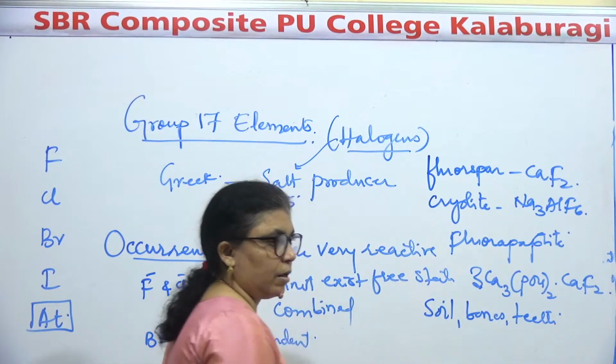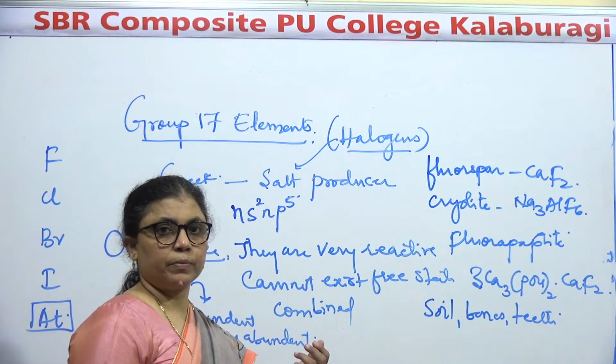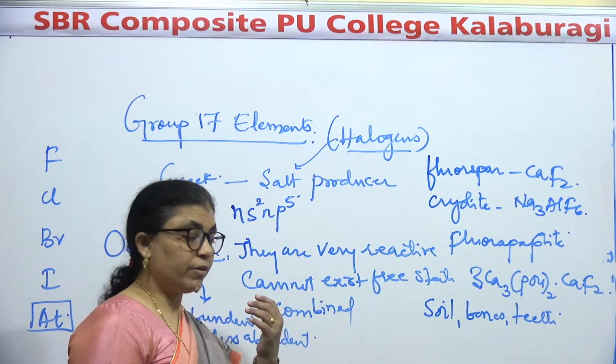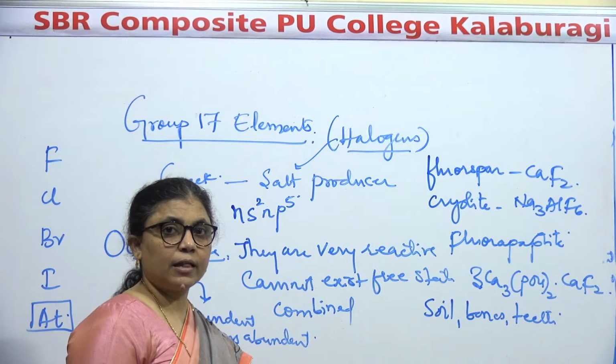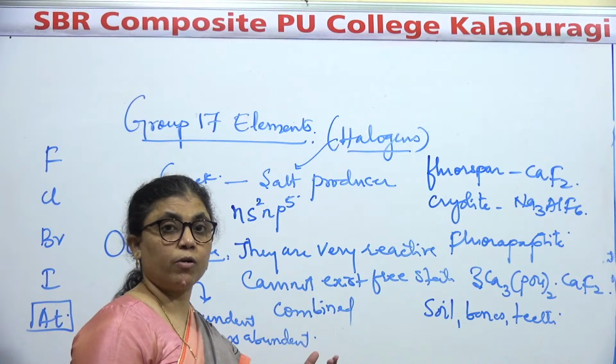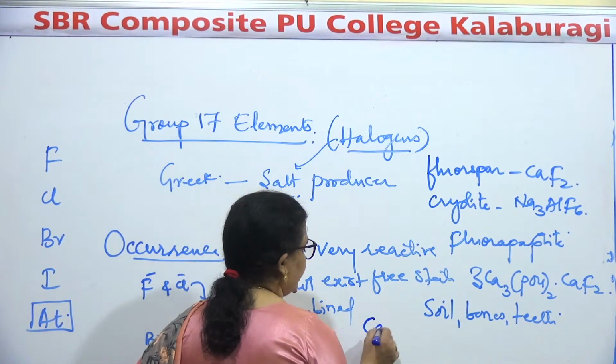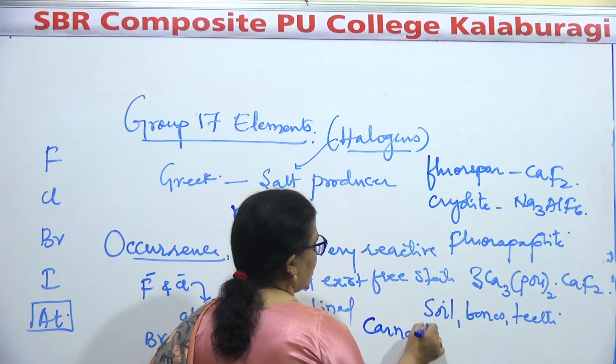Whereas if you go for the combined state of chloride, what different salts are there? One of the important minerals of chloride is carnallite. What is carnallite?